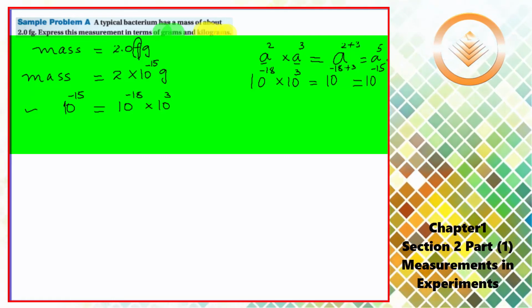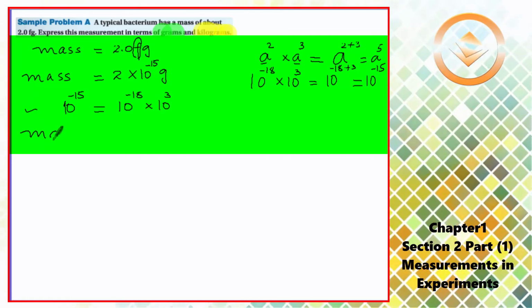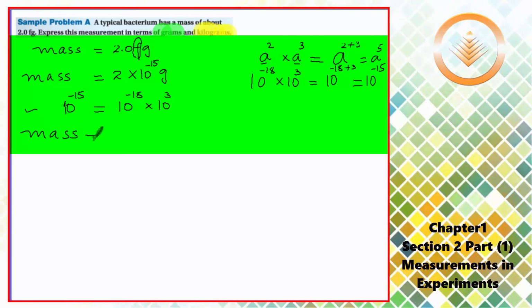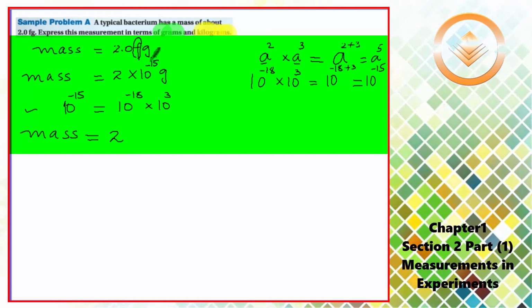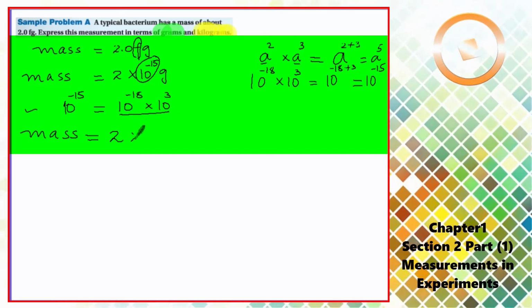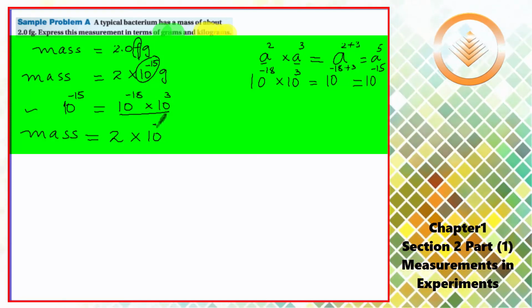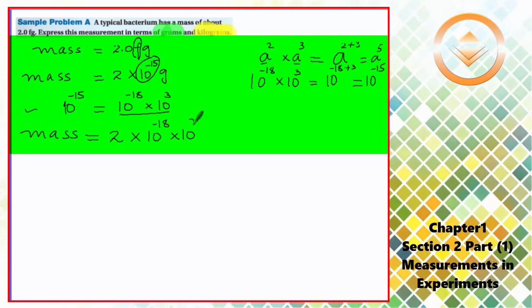So the mass of the bacterium is equivalent to, instead of 10 to the power of negative 15, I can use 10 to the power of negative 18 multiplied by 10 to the power of 3 gram.